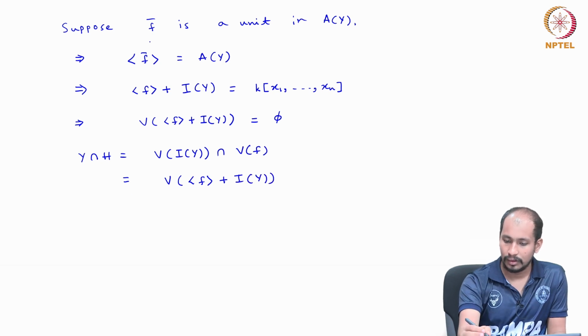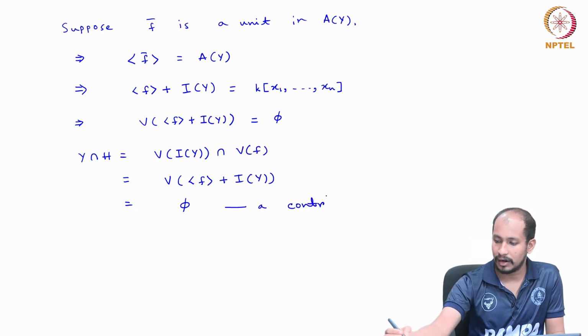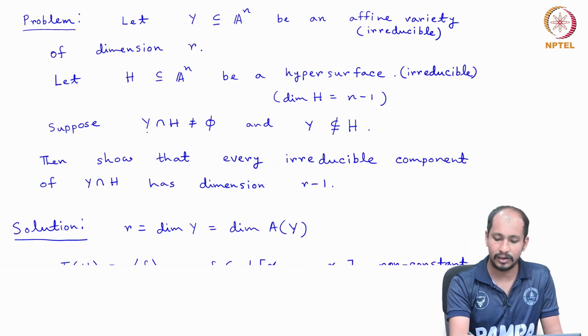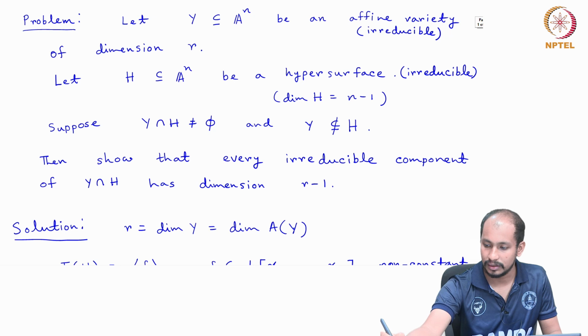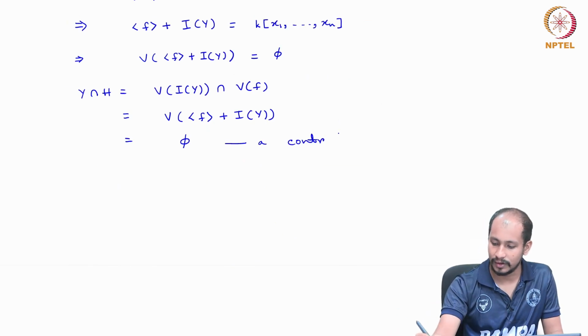So if F bar is a unit, then it follows that this equals the empty set, right, but this is a contradiction, because in our hypothesis we assumed that Y intersection H is non-empty. So Y intersection H equal to the empty set is a contradiction.